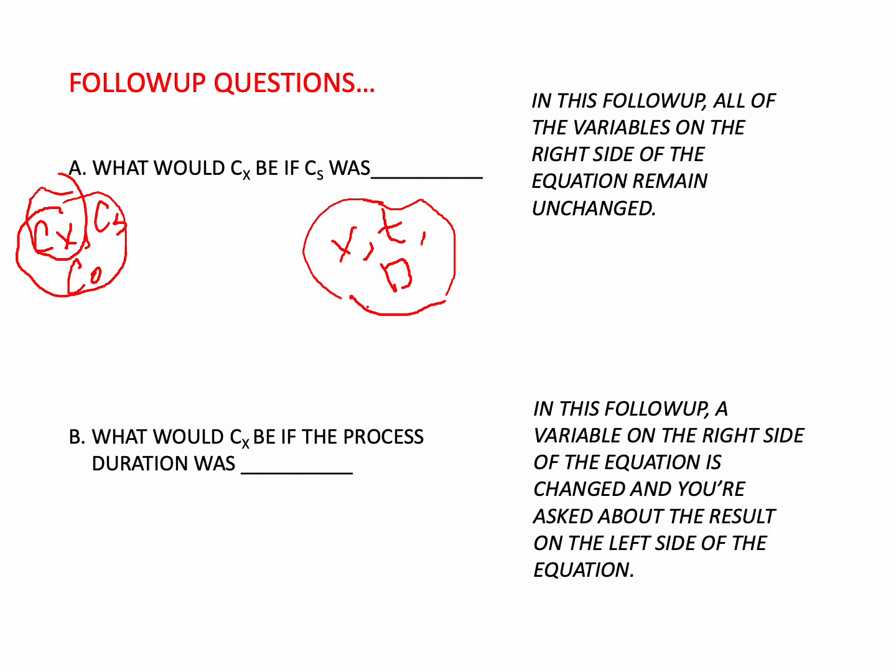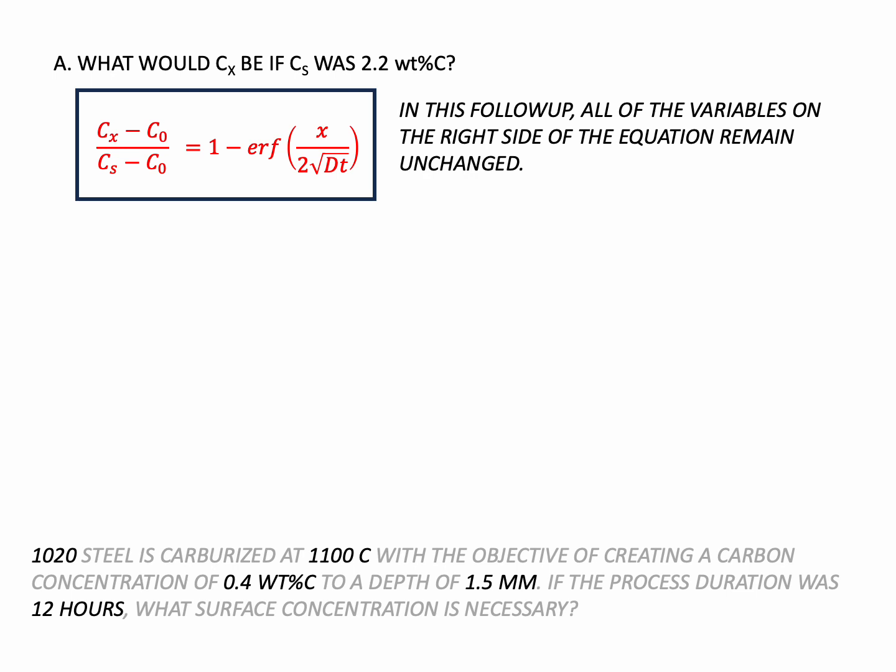So let's look at that as an example. Here's my original problem down here at the bottom. And in the follow-up, we're asked to change C sub s to 2.2. What would C sub x be? And everything on the right side of the equation is remaining constant. All of this is the same.